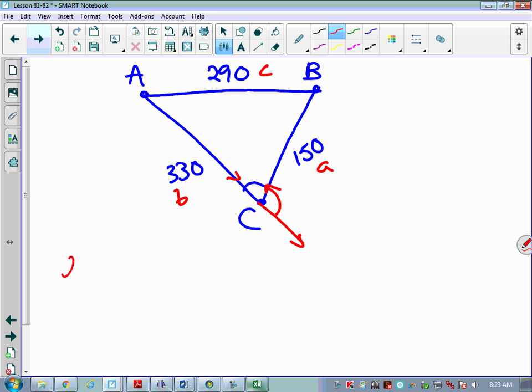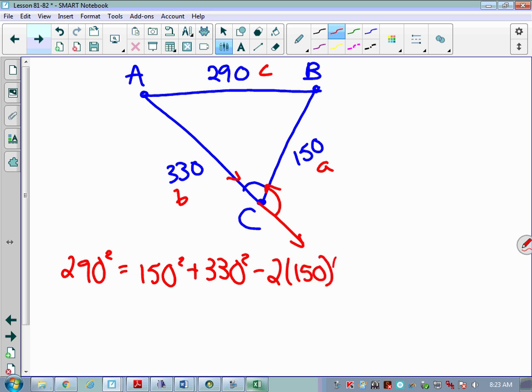So we're going to use 290 squared equals the others. So 150 squared plus 330 squared minus 2 times 150 times 330 cosine of C, which we don't know obviously what that is yet.